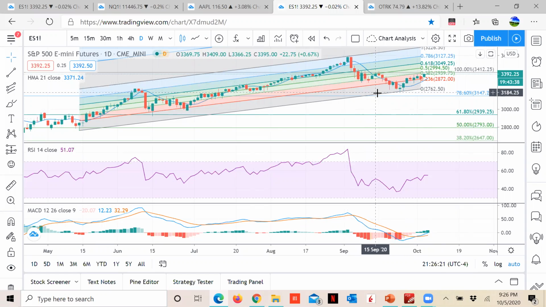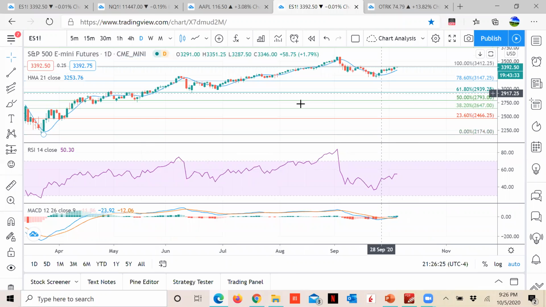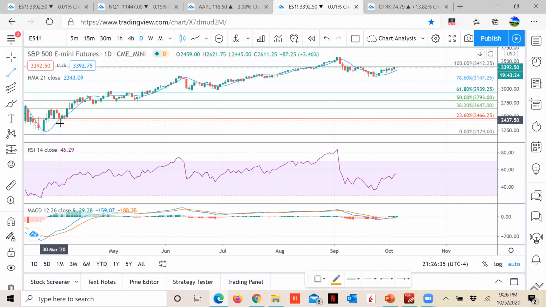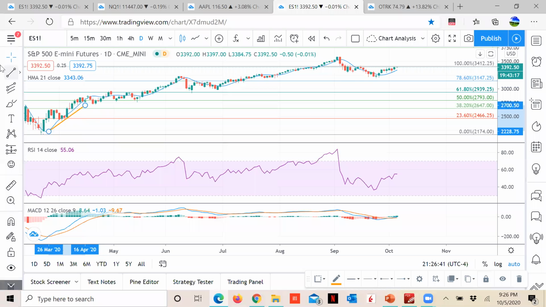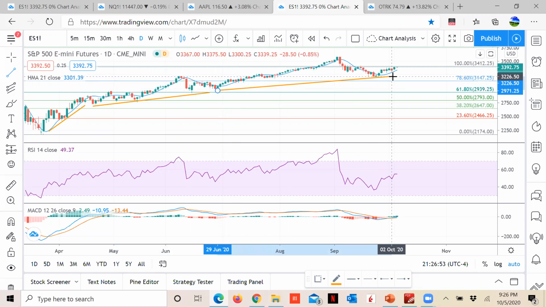Let me show it to you again one more time. I'm just deleting it. I'm not going from here to there because it formed more than one trend line. Let's say one trend line was this way, another trend line was this way, then we have another trend line this way.